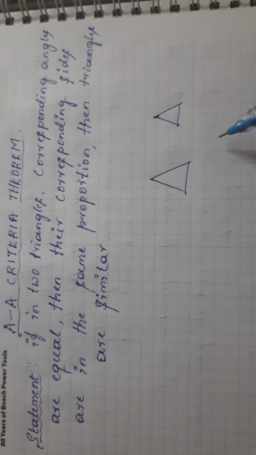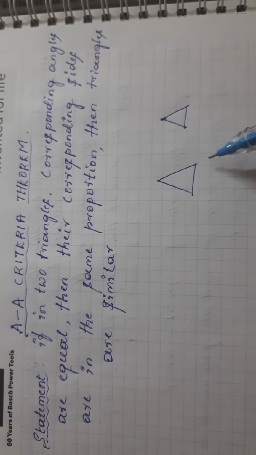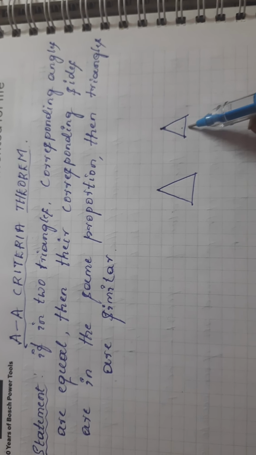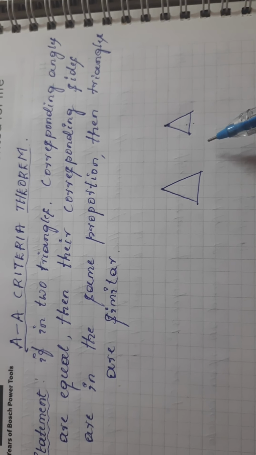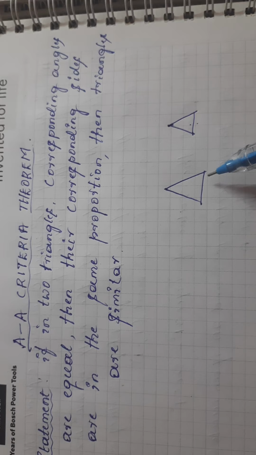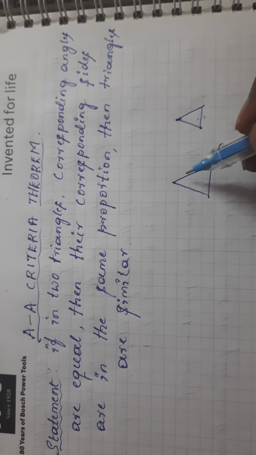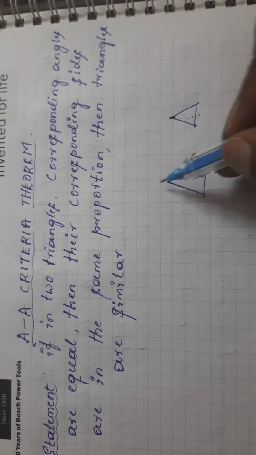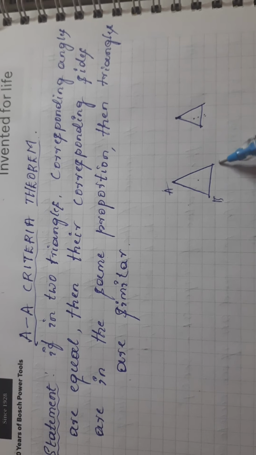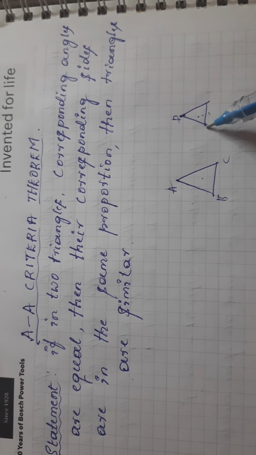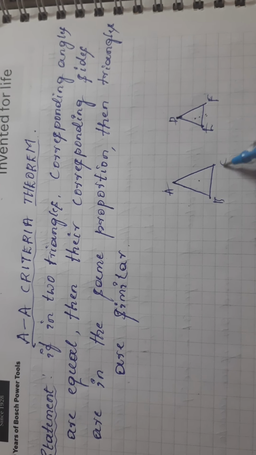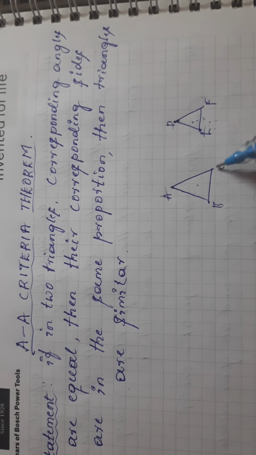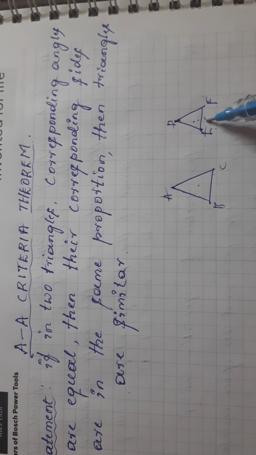Similar figures, we all know the definition: they have the same shape but not necessarily the same size. That is called similar. What are similar triangles? Consider triangle ABC and triangle DEF. These two triangles are similar; they have the same shape but not necessarily the same size.